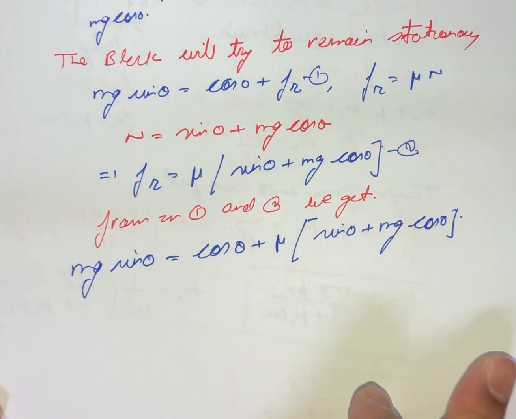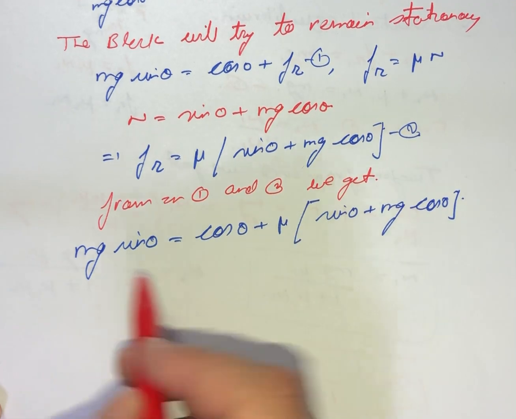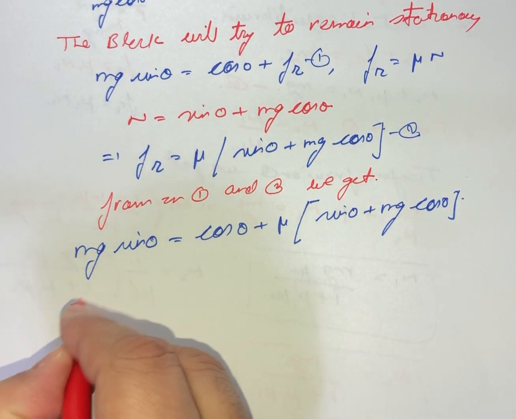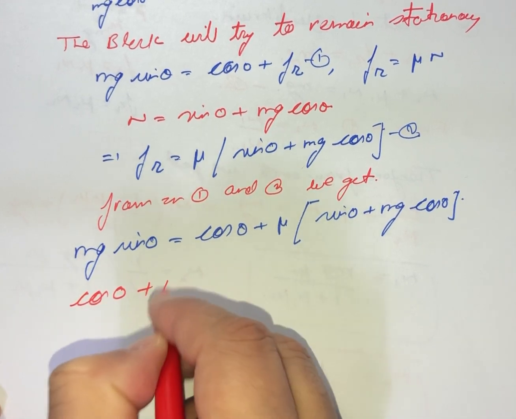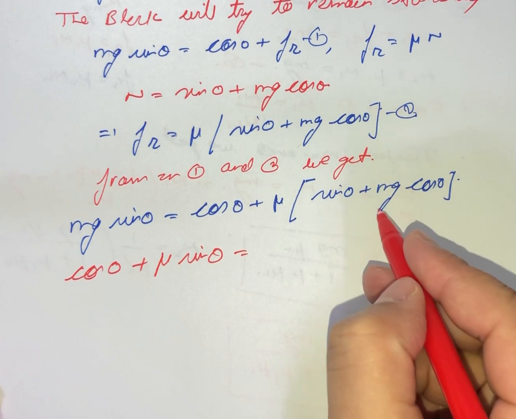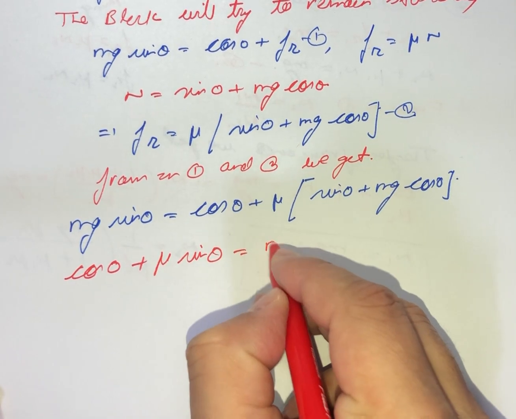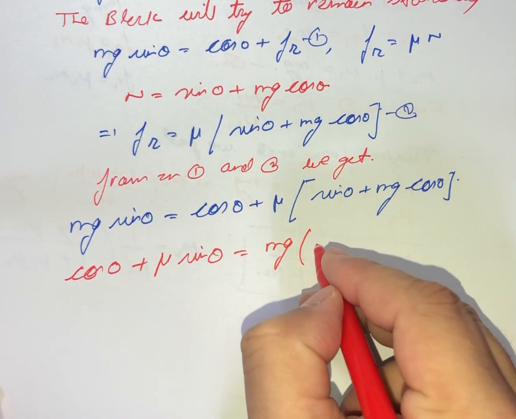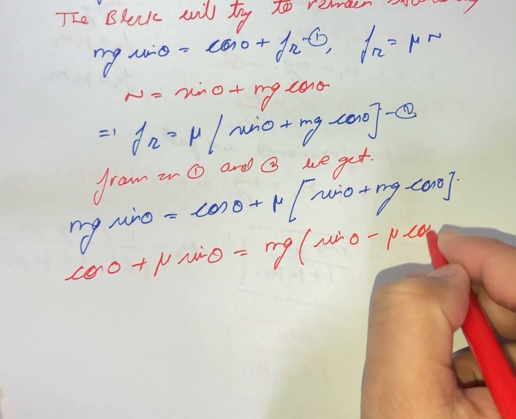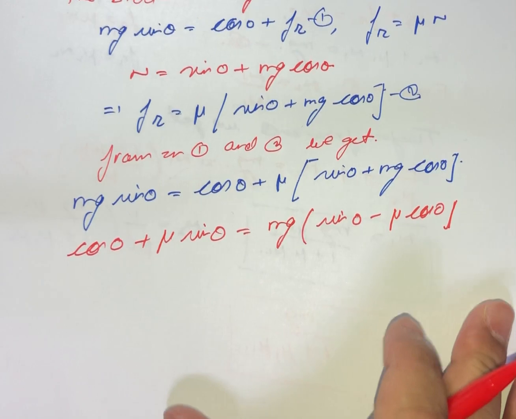So let us rearrange the equations. So we get cos of theta plus mu sine of theta is equal to, we can take mg common, and this will be mg times (sine of theta minus mu cos of theta).